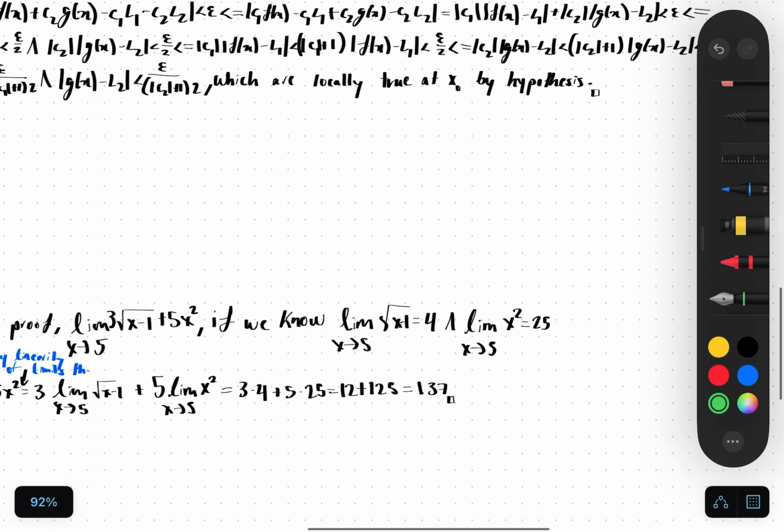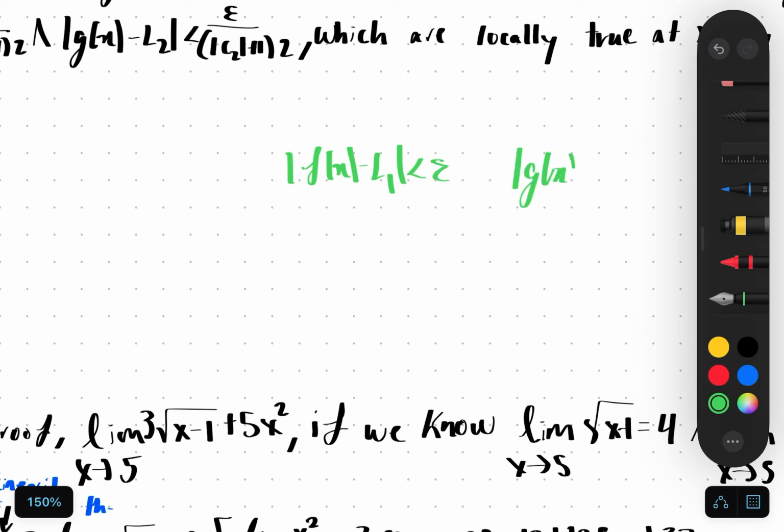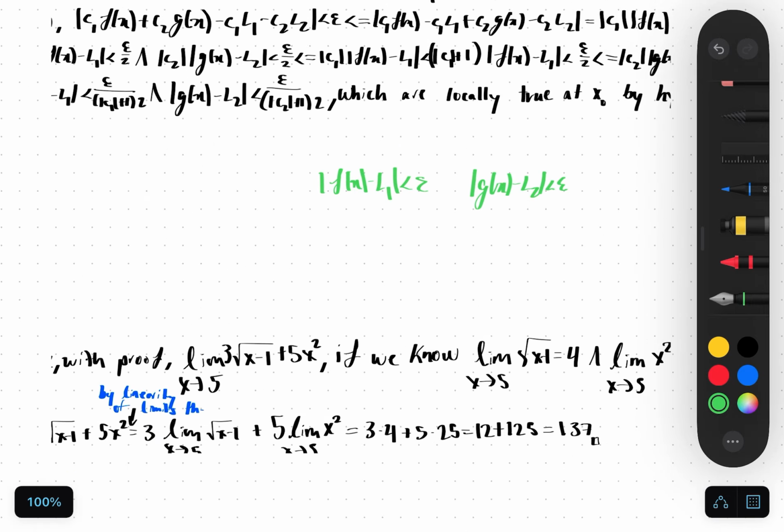So what do we want to show? We want at the very end to get the absolute value of f of x minus L1 less than a positive epsilon, and g of x minus L2 less than another positive epsilon.